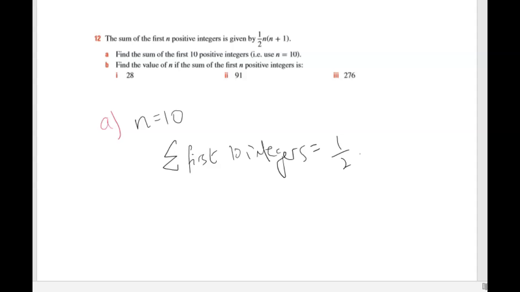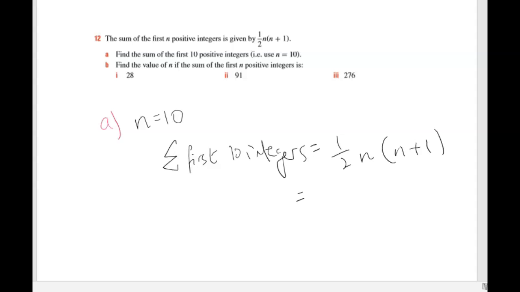We're only looking at the first 10. So this is a straight substitution question. So n equals 10. So that means the sum, and that's a funny sign, for the first 10 integers is equal to half n times n plus 1.